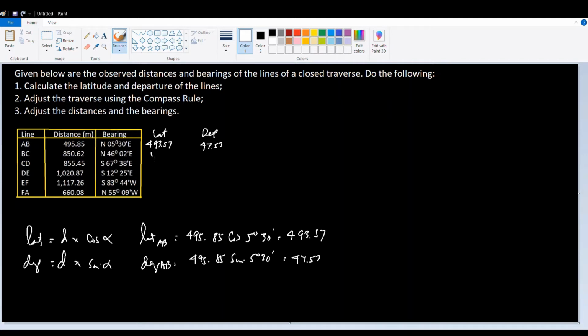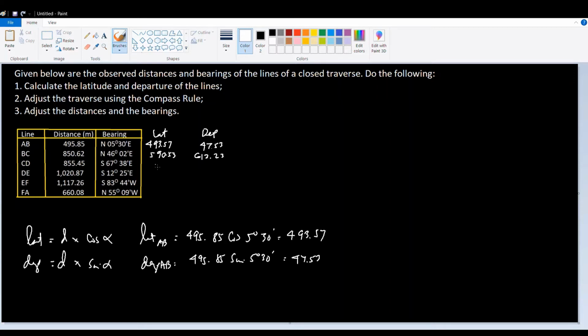We'll be doing the same thing for the other traverse lines. For line BC, the latitude is 590.53, and then the departure is 612.23. You can check the entries using your calculators.